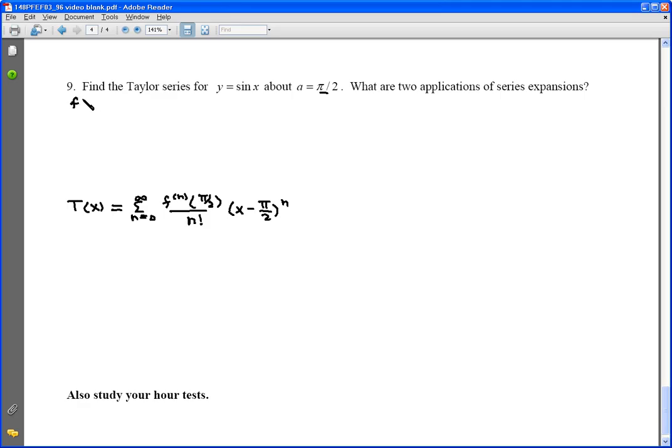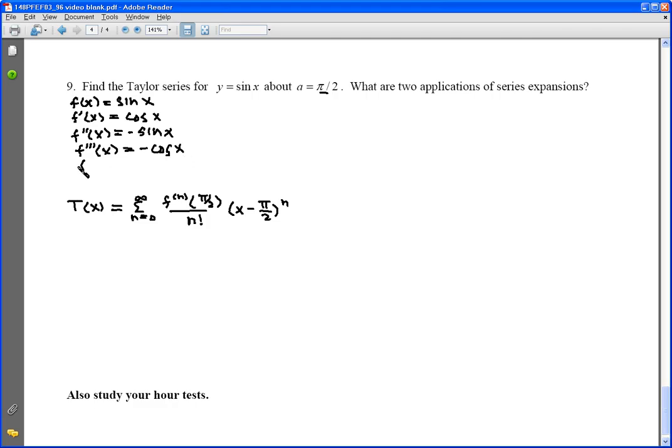So start writing out f of x is sine x, and then just start doing derivatives. See a pattern here. So f prime, the derivative of sine x, is cosine x. f double prime, the derivative of cosine is negative sine. f triple prime, the derivative of negative sine is negative cosine.